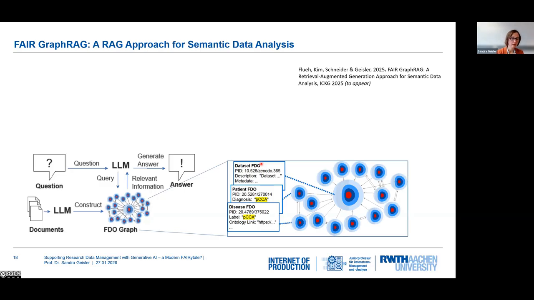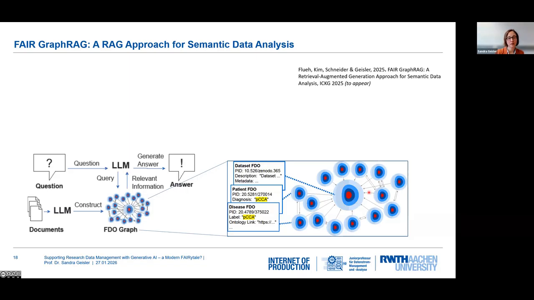So each data set and the data inside of the data sets is described by the concept of FAIR digital objects. If you don't know it, a FAIR digital object is in principle a logical unit, you could say. In the middle, as you can see here in this shape, you have the data, and then you have layers around it which have the metadata, which have operations and functions describing what you can do with the data.